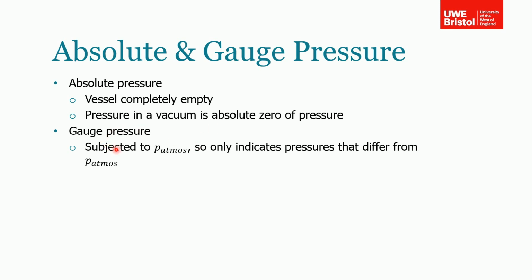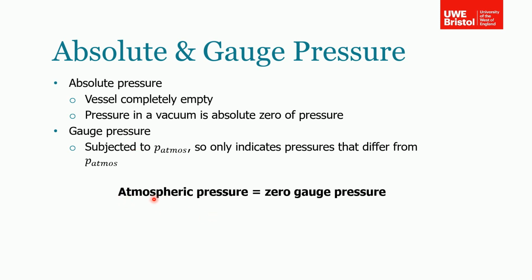The difference is that gauge pressure is the difference between the absolute pressure and atmospheric pressure. So the gauge pressure is what we normally measure when we use our instruments. But if you want the absolute pressure, you need to add the atmospheric pressure onto it.